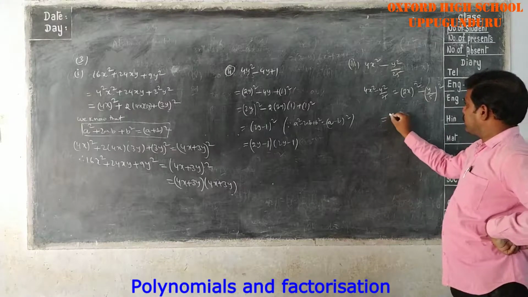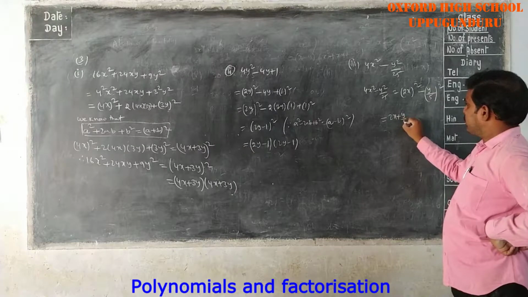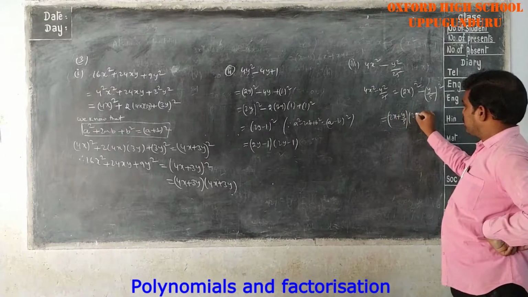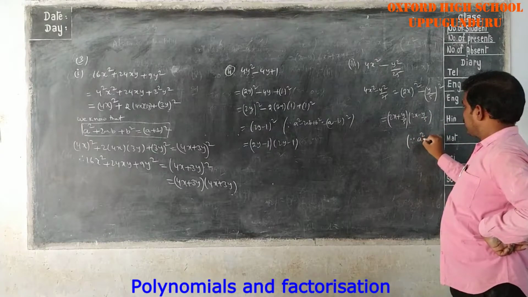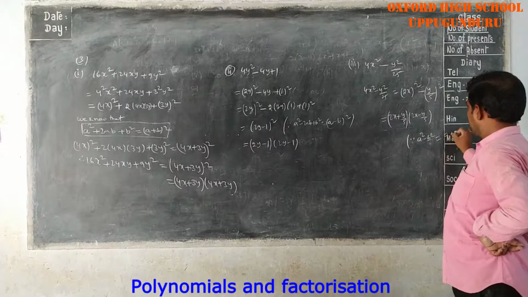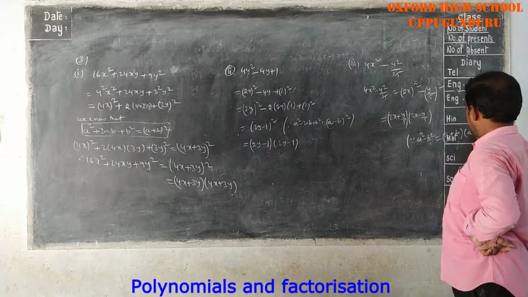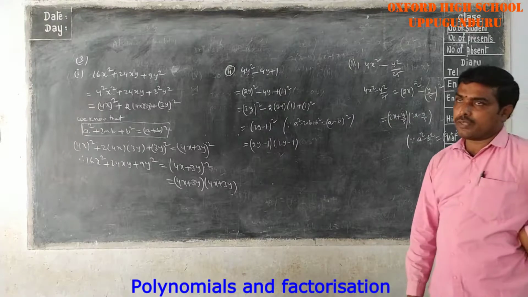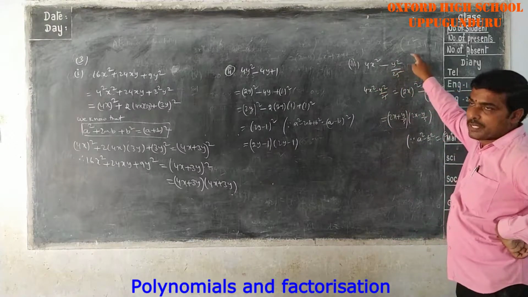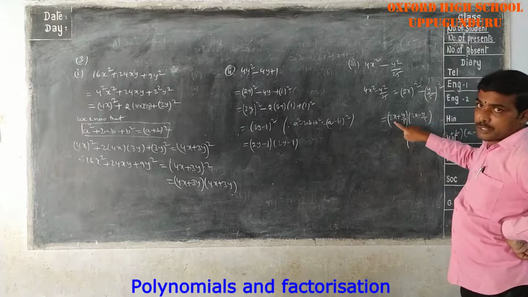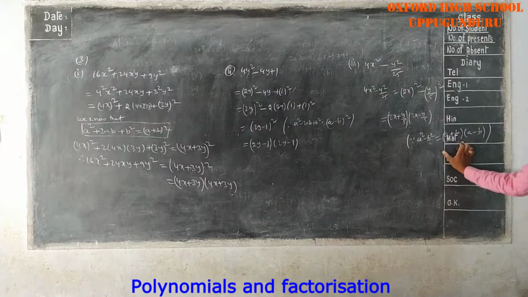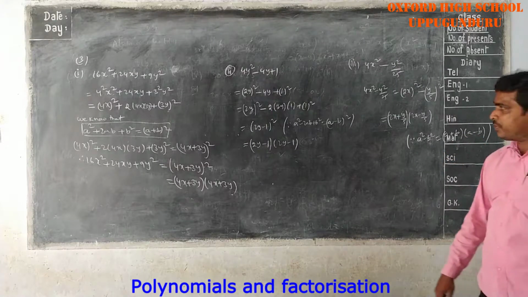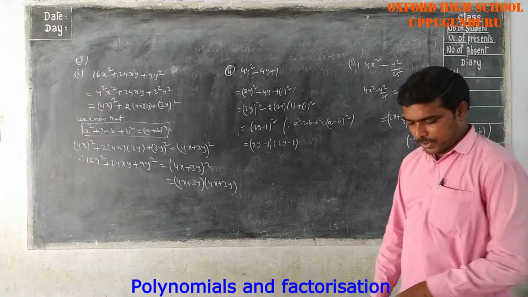So this you can write as 2x plus y by 5 into 2x minus y by 5, since a square minus b square equal to a plus b of a minus b. This identity we use, splitting 4x square minus y square by 25 as 2x plus y by 5 of 2x minus y by 5, by using this algebraic identity, a square minus b square equal to a plus b of a minus b. So this is about the third problem.